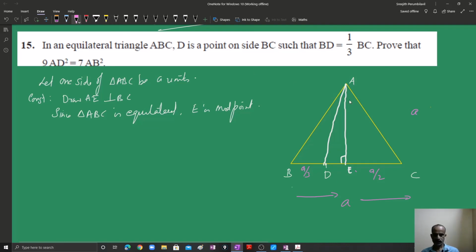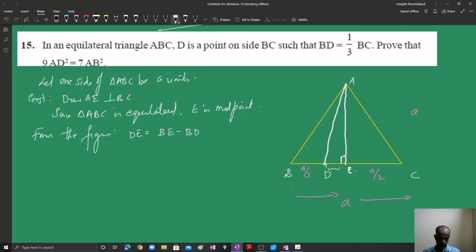Fine. Side is A. Now, we have one more thing to be written here. What is from the figure? DE is equal to BE minus BD. You agree or not? This much is equal to the entire thing.